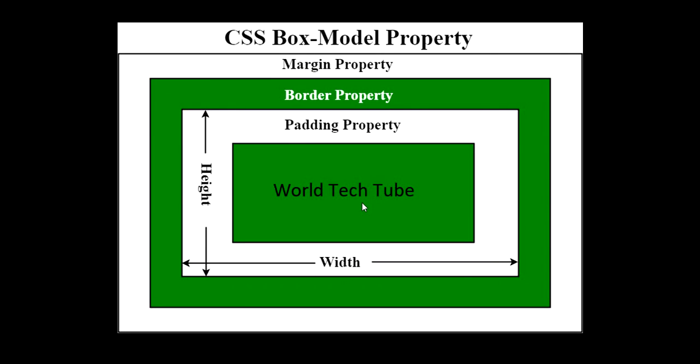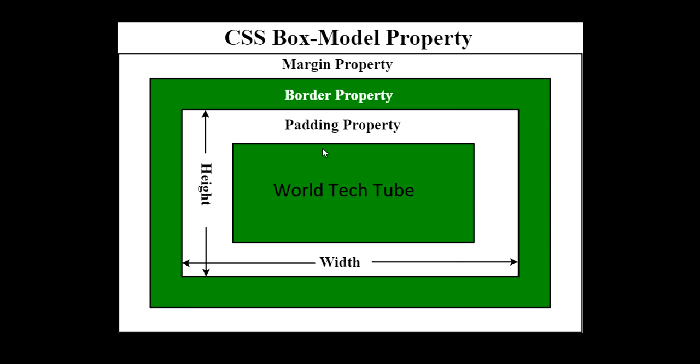So now we have seen almost everything over here. We have defined the margin property for the top, for the bottom, for the right, for the left, and we have defined the border property for top, bottom, left and right.